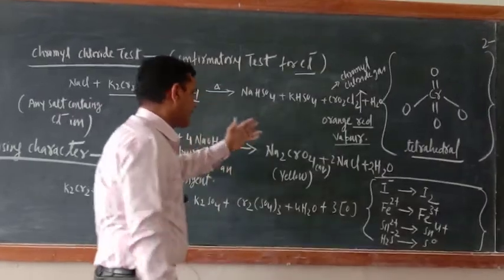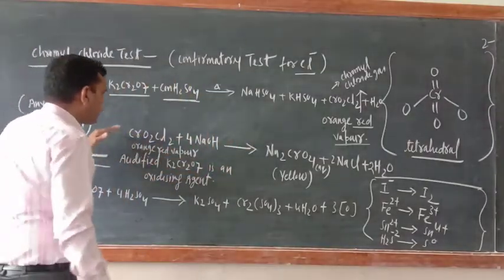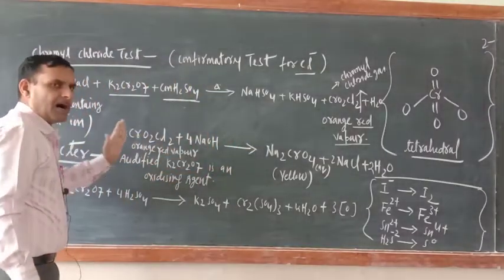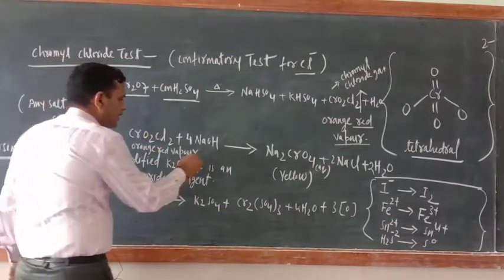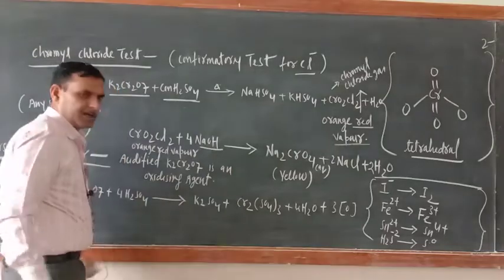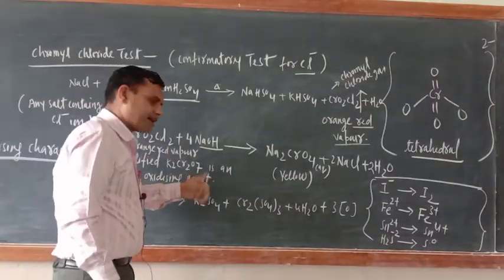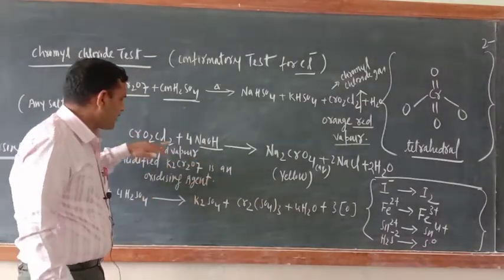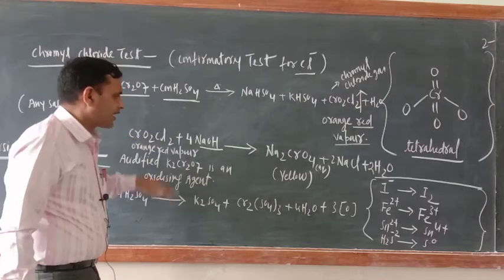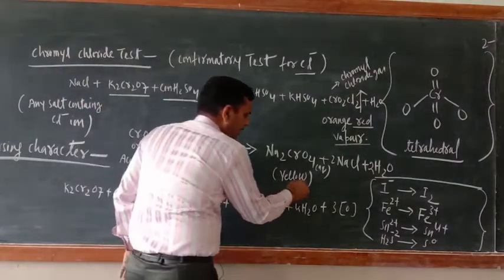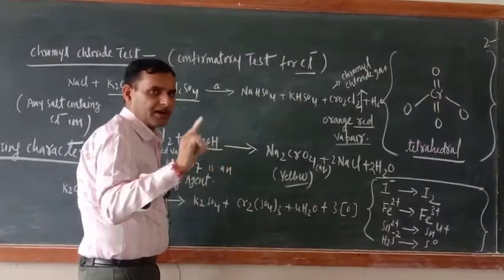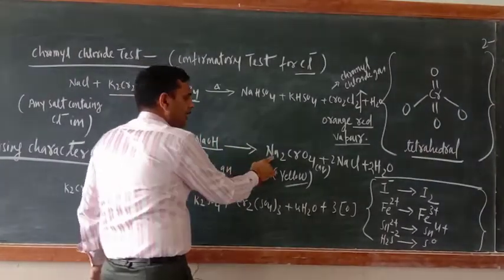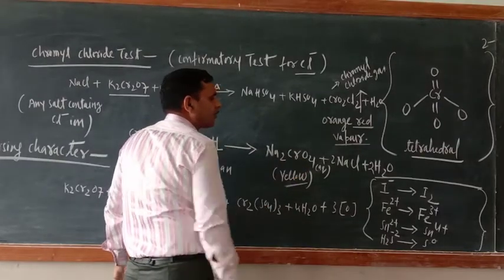Now when this chromyl chloride gas is passed into sodium hydroxide, its color, earlier orange red, will become yellow. Why is it converted into yellow color? Due to the formation of Na2CrO4.